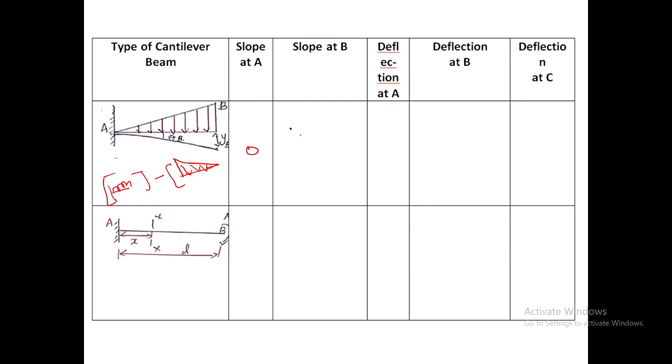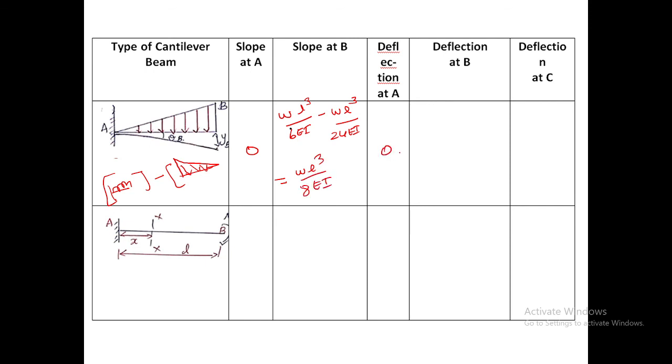The slope of the uniformly distributed load is W L cube divided by 6 EI minus the uniformly varying load slope, W L cube divided by 24 EI. So the answer is W L cube divided by 8 EI.